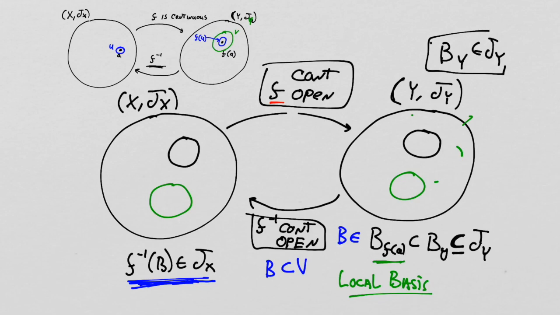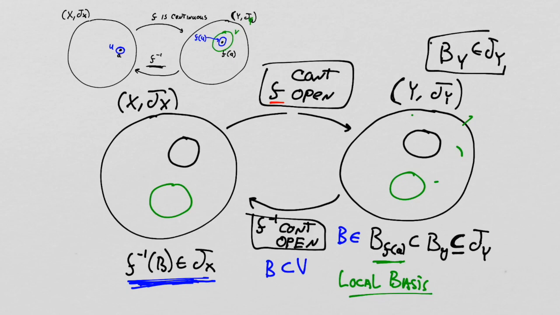When you say a topology is coarser or finer, you really have to be comparing topologies within a set. But you can imagine that some open sets in Y map to open sets in X and others don't. In that case F inverse wouldn't be open, because for F inverse to be open it has to take every open set in Y and map it to an open set in X.